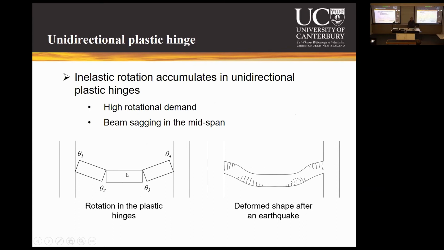And ultimately, after a few cycles, the idealization of this kind of plastic hinges will deform the beam like this, where you have a sagging segment in the middle, and it can be idealized as accumulated rotation in each of these 4 plastic hinges, which are unidirectional, yielding in only one side of it, right?